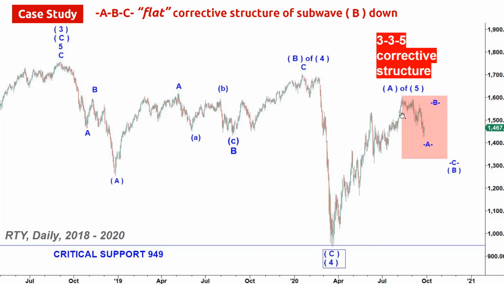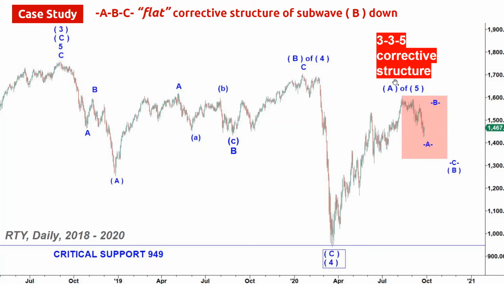Sometimes it manages to stretch up to the top made by wave 3, sometimes it stops a little bit lower. In this particular case, it did not stretch up to the top, but it was strong enough, and after a strong rally we expect a corrective structure.